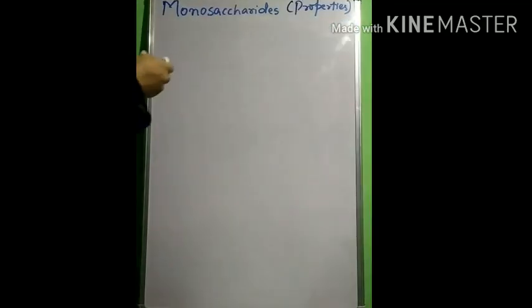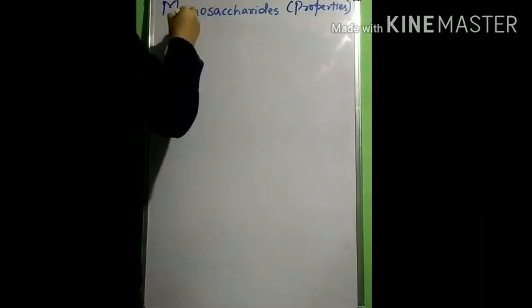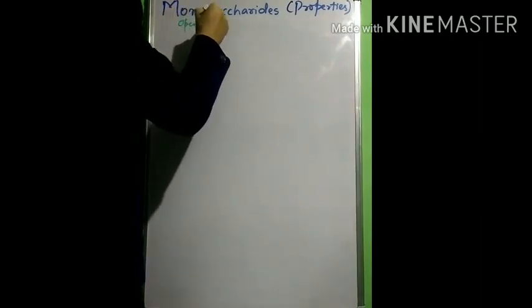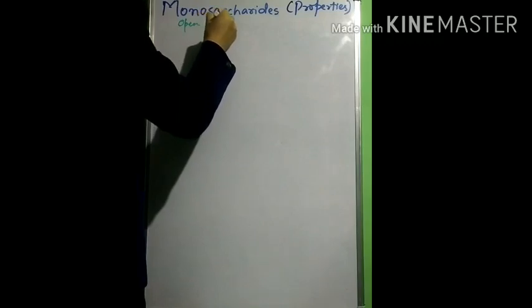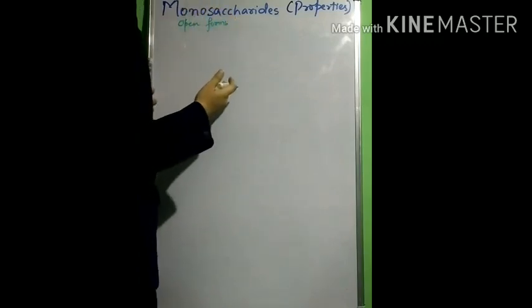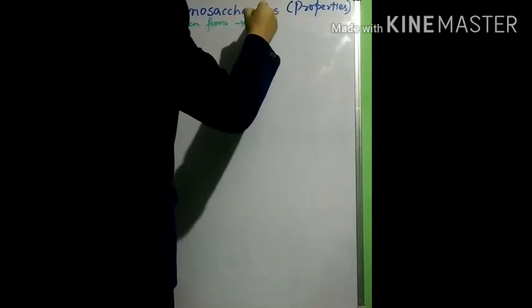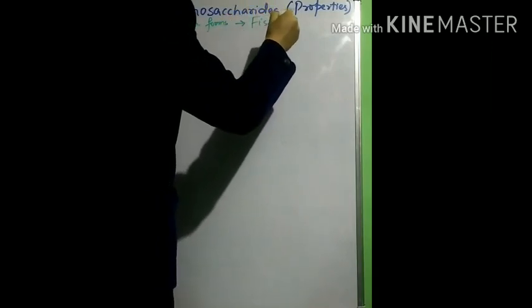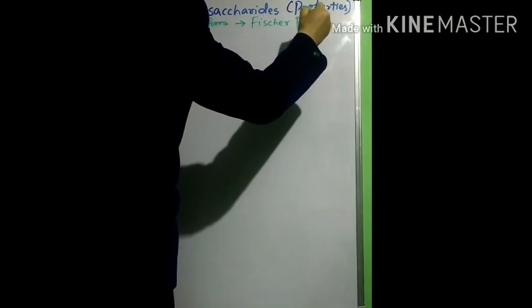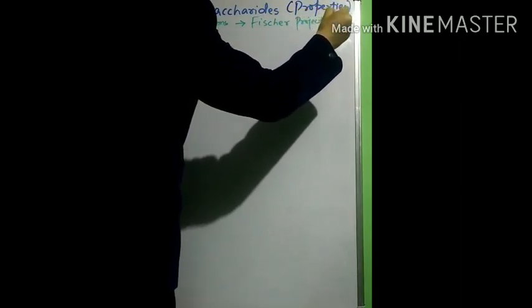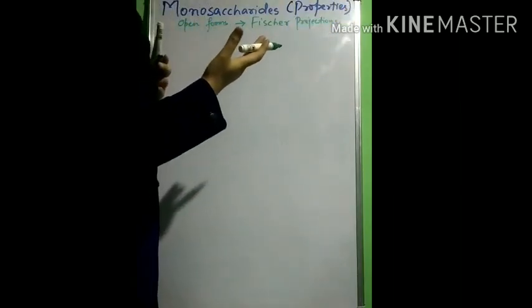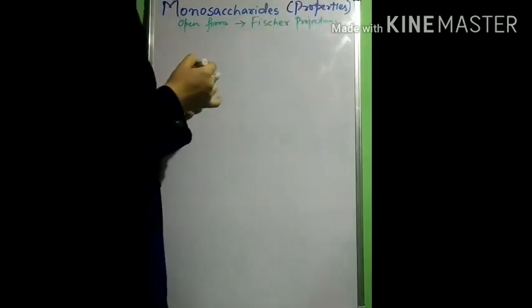You know that monosaccharides have which forms? They have open forms, which you call straight forms, and they were represented by which projection? They were represented by Fischer projection, which I have shown you earlier. The open forms of monosaccharides can be represented by means of Fischer projections.